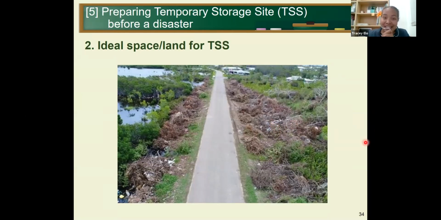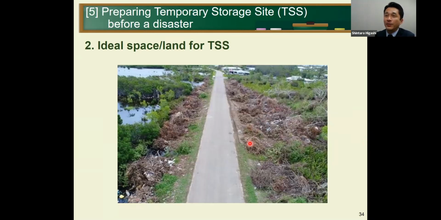I'm afraid if another disaster happens, for example a flood due to heavy rains, the flood will carry away the disaster waste into the swamps. It will cause another additional problem for the community as well. Tracy, you pointed out a very good point, and you might be a specialist for selecting TSS in the Pacific. So I think this place might not be suitable, but again, it depends on the situation.